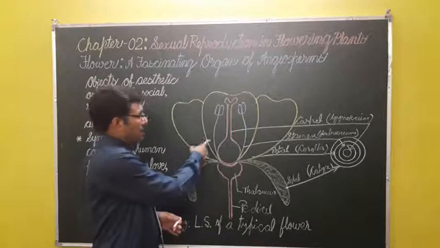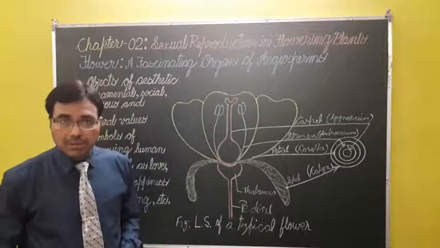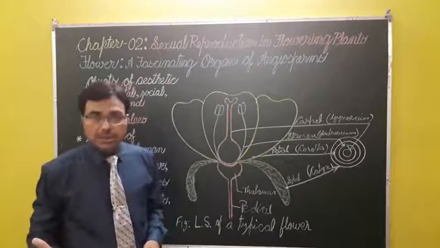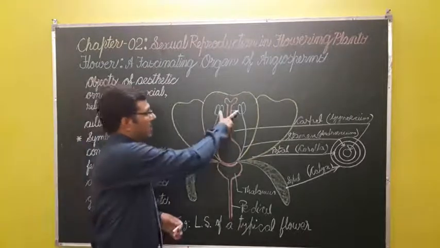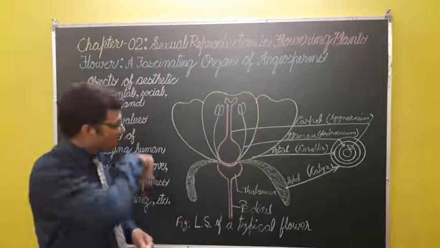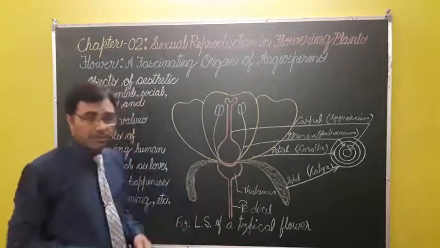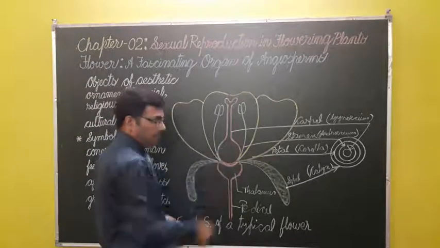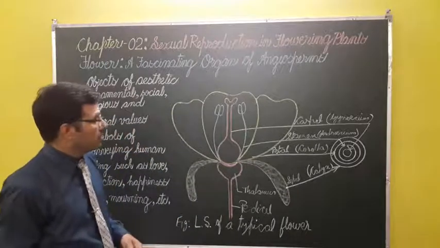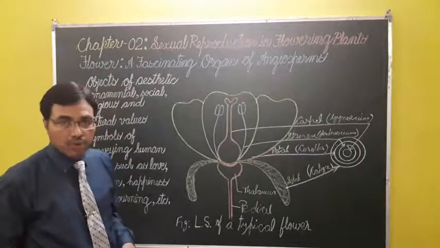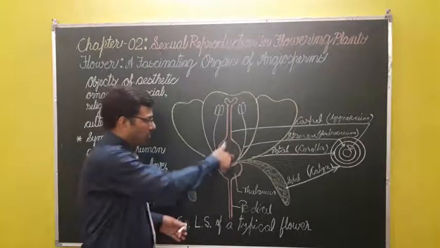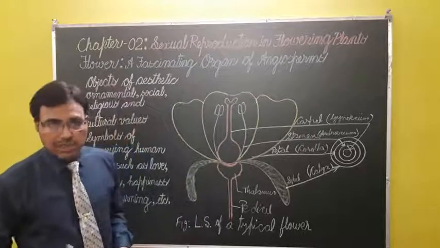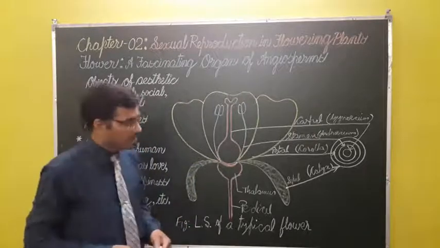When we talk about the androecium, it represents the male sex organ, where the male gametes are formed inside the anther. And when we talk about the gynoecium, which is the central whorl, in the ovary there is the formation of the female gamete. Gynoecium is the female sex organ, and in the ovary there is the formation of the female gamete, that is the ovum, you can say the egg.